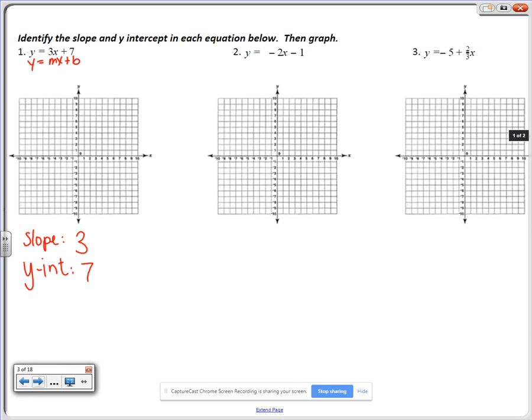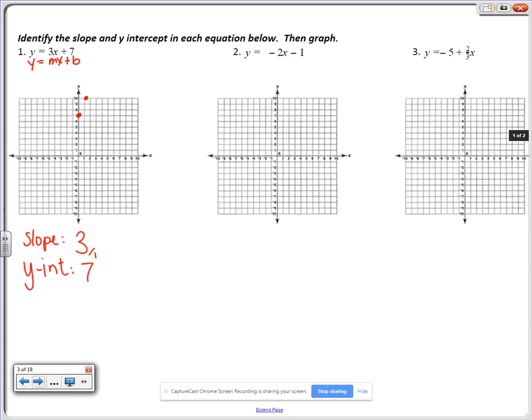On which axis? So I'm going to start at 7 on the y-axis. Where am I going to go? Whoa, whoa, whoa. We're doing rise over run. Up 3. And this could be over 1, couldn't it? So up 3 to the right 1. 1, 2, 3, 1. Now, folks, I just ran out of room, didn't I?